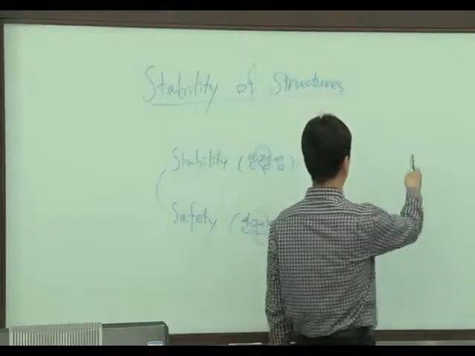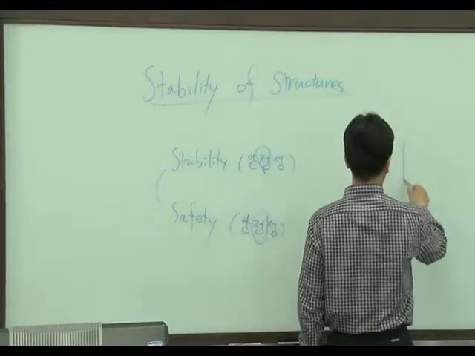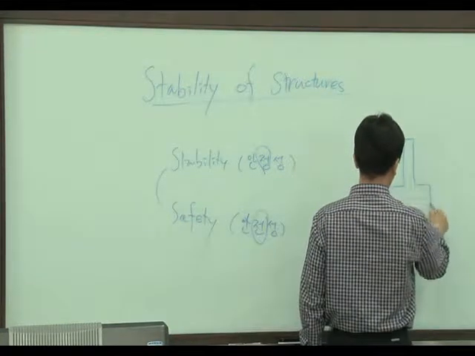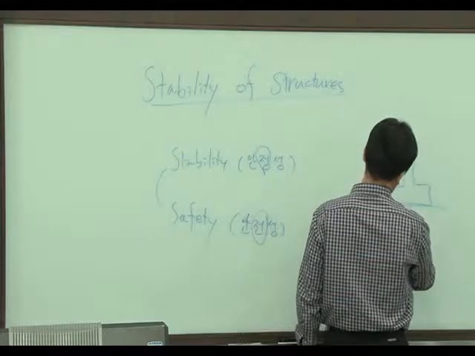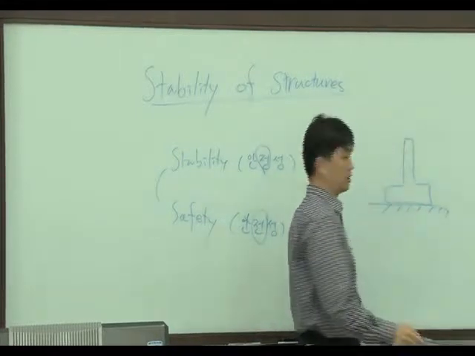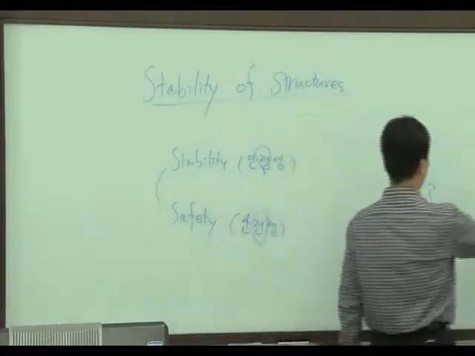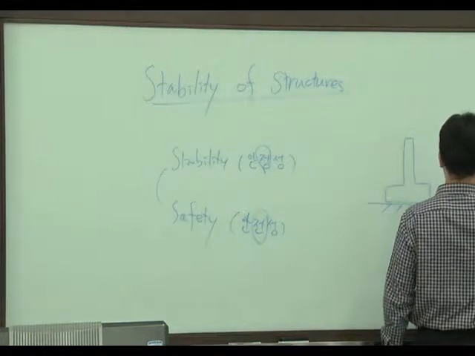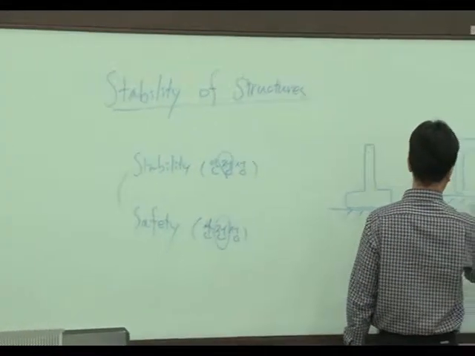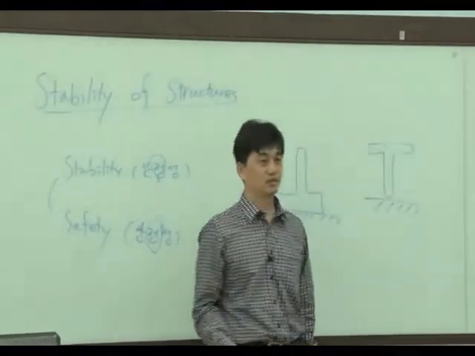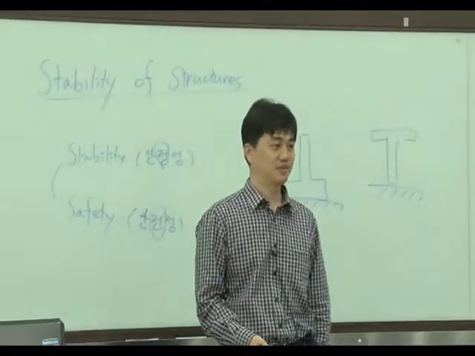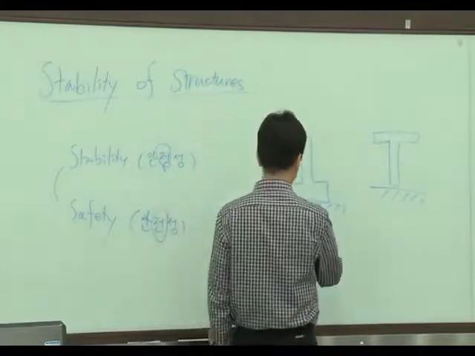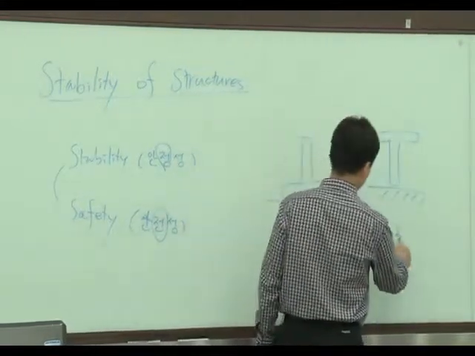So, for example, let's say we have some structure that looks like this, and I'm going to put this on the ground. And the other case is this. Here I have a structure. Which one looks more stable? This one, A, B?